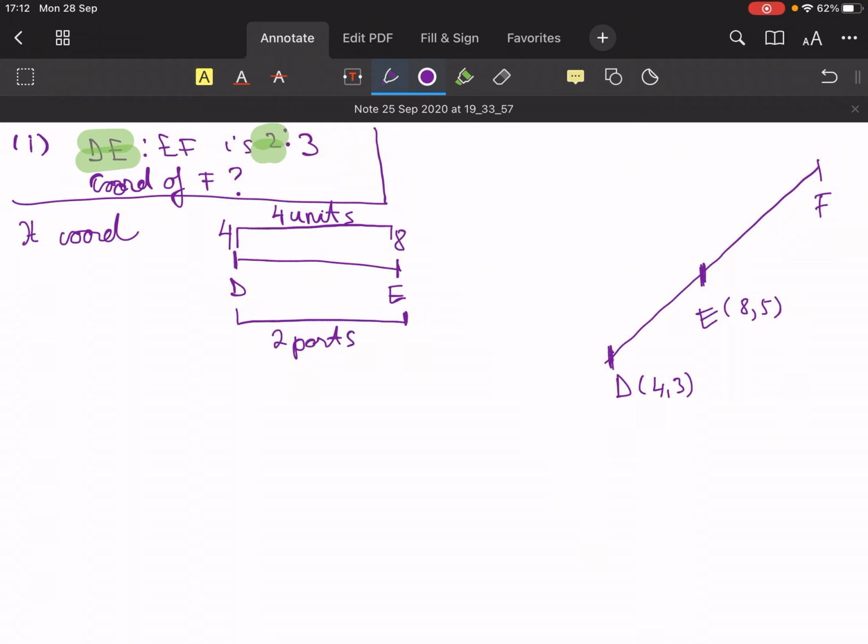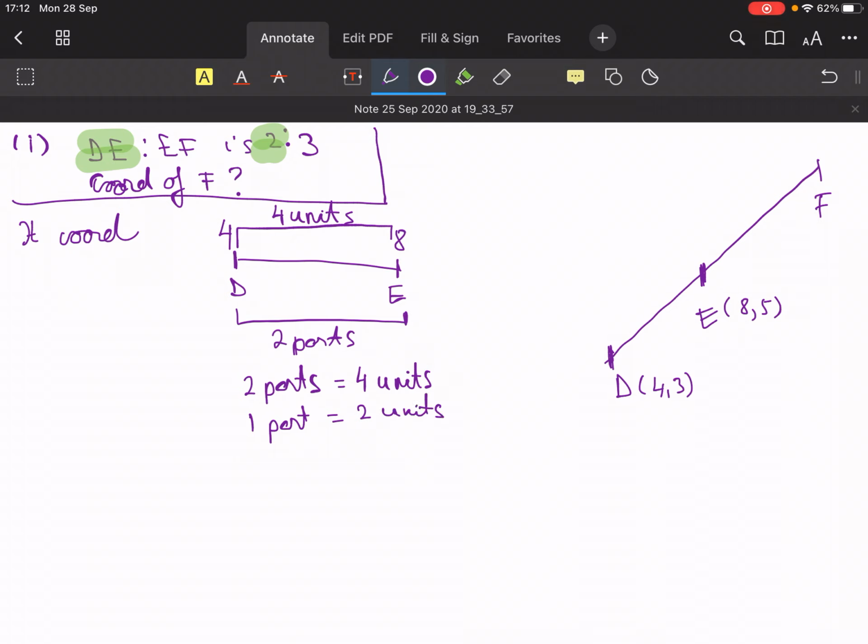So from here, I can work out that 1 part is equal to, let me just show you the long way around. Well, the long way, like writing the working out. So from this information here, I've got that 2 parts is equal to 4 units. So this means I can work out 1 part, which is 2 units.